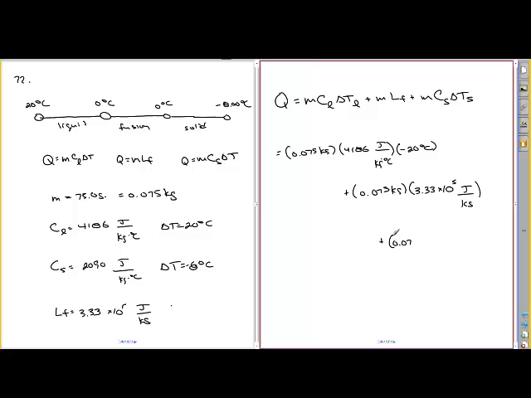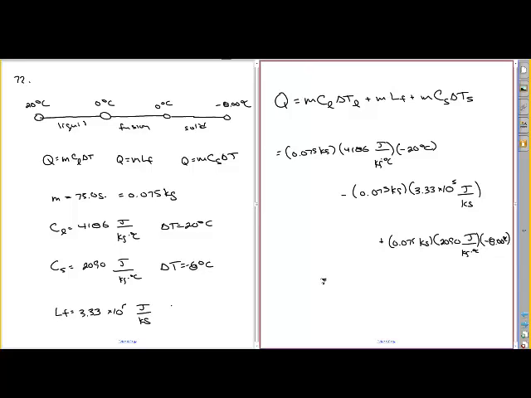And then the final one is 0.075 kilograms times 2090 joules per kilogram degree C times negative 8, and this is going to be negative as well because we're taking energy out.